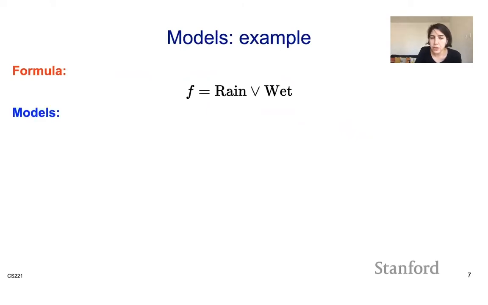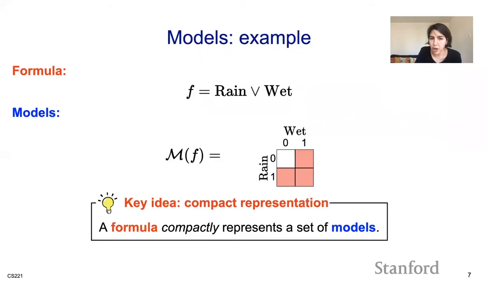Then all possible models are when we think about rain taking values 0 or 1 and wet taking values 0 or 1. I can show that by this 2x2 grid. That's all possible models. But what is models of F? Models of F is when rain or wet holds, and that is the shaded area.